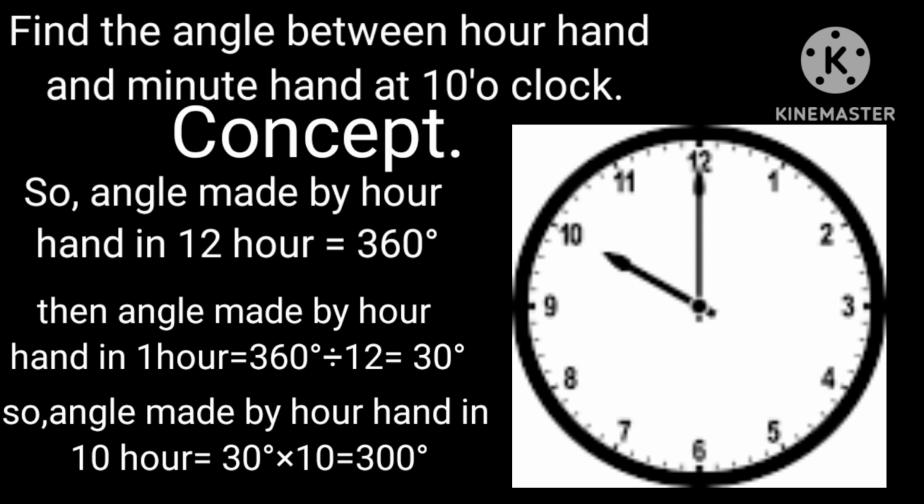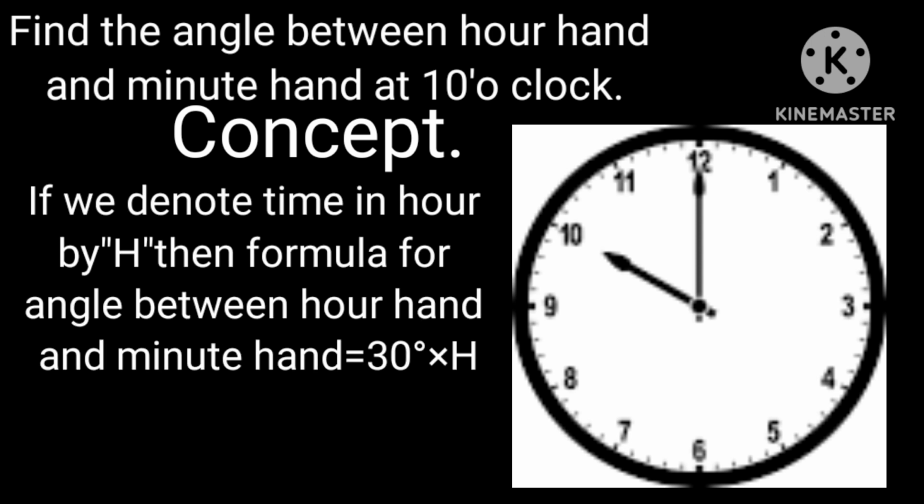So the angle made by the hour hand in 10 hours is equal to 30 degree into 10, it is equal to 300 degree. To generalize the formula, we denote time in hour by capital H, then the formula for angle between hour hand and minute hand becomes 30 degree multiplied by H.